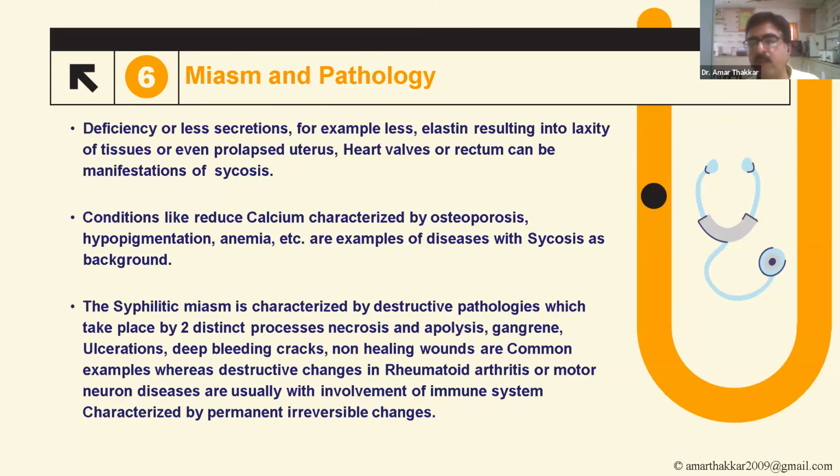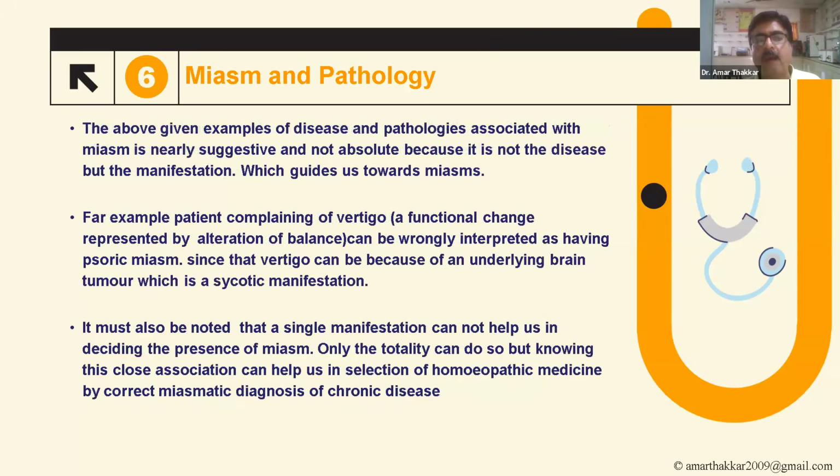Syphilitic, as we know, is a destructive miasm, characterized by necrosis, gangrene, ulcerations, or even destructive changes which we find in diseases like rheumatoid arthritis or motor neuron diseases, which usually involve the immune system and are characterized by permanent irreversible changes. As I told you, these are merely suggestive.